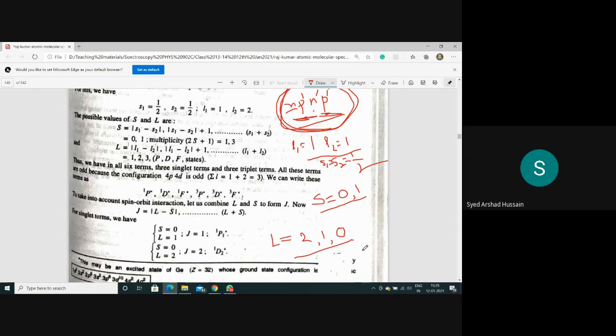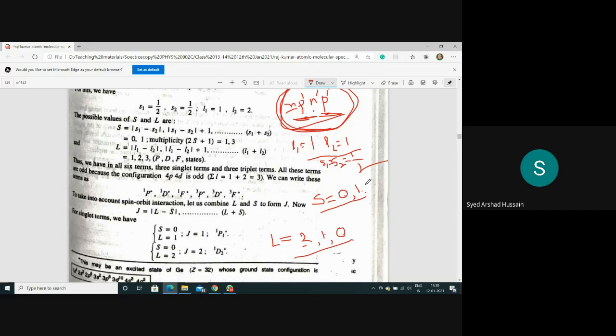And spin correlation effect S is equal to 0, 1. Now according to the LS coupling scheme, spin orbital interaction will take place. That means this L of 2 will interact with 0 and 1, 1 will interact with 0 and 1, 0 will interact with 0 and 1.